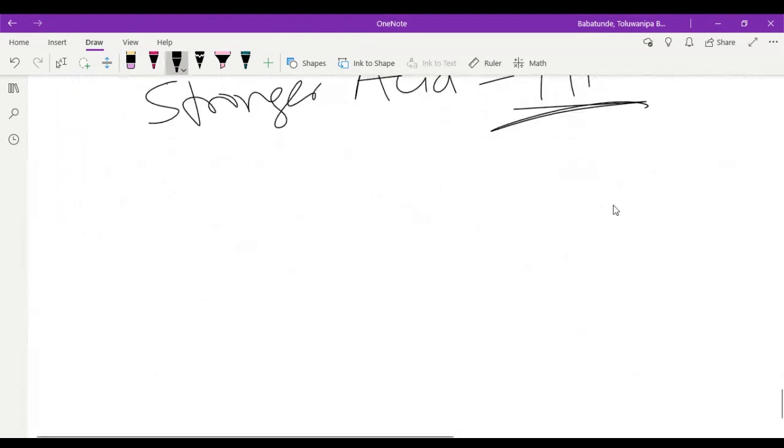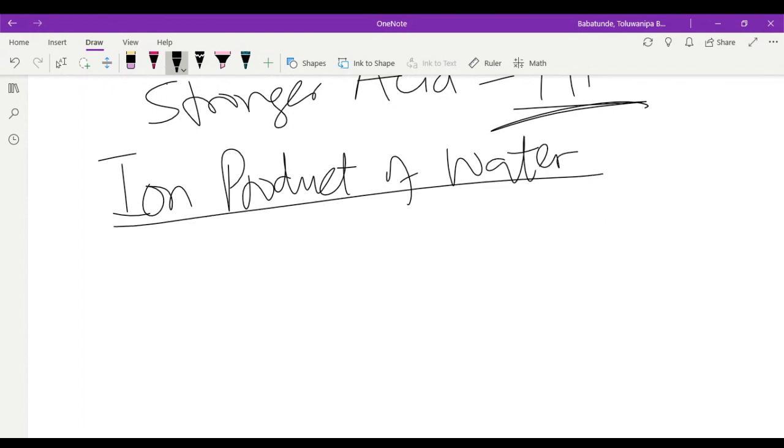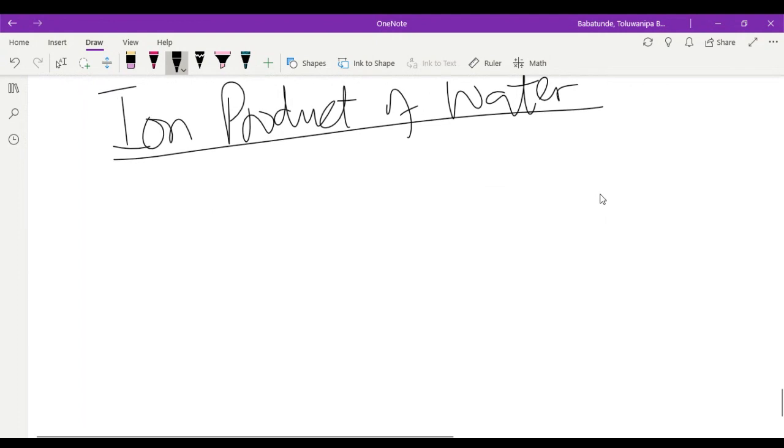So we have the ion product of water. The product of hydrogen ion concentration and hydroxide ion concentration is always the same number.